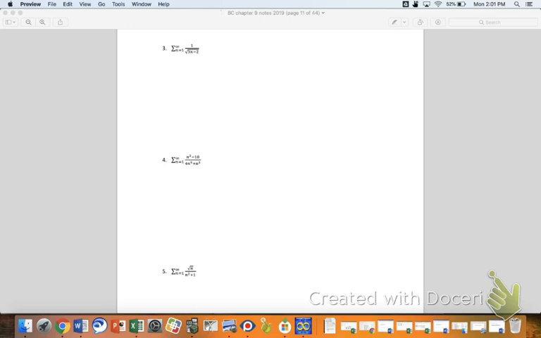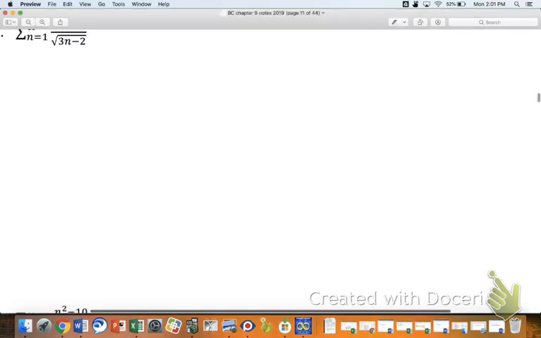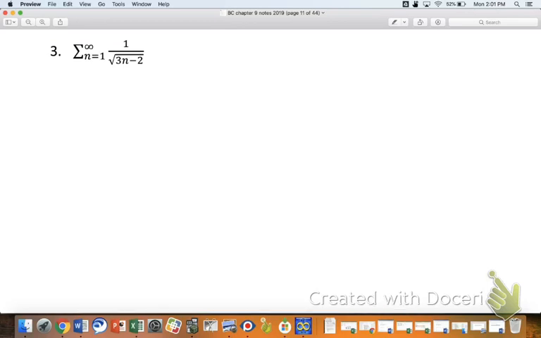Let's run through some of these right here. Guys, listen up please. I'm going to give you kind of the Cliff Notes version of this because you have some good examples of the conditions above. So again, I want to be really clear about this. What I'm about to show you is just going to be the sparse version. But consider this. For number 3, did you compare to 1 over root n?